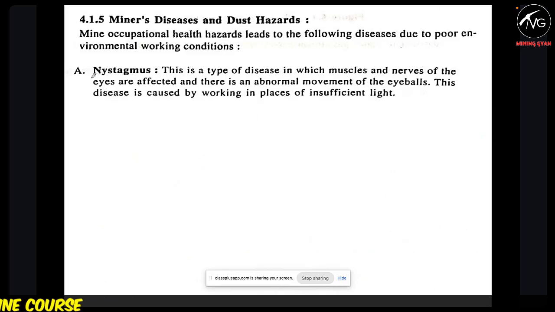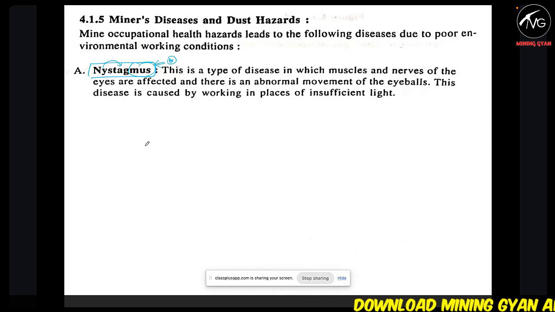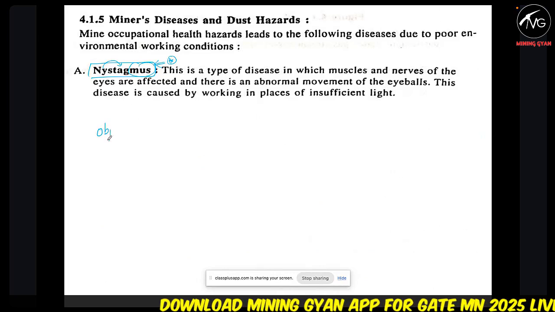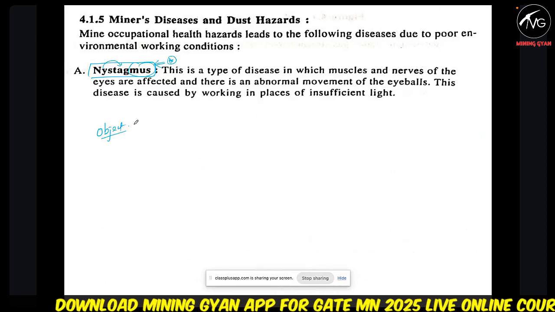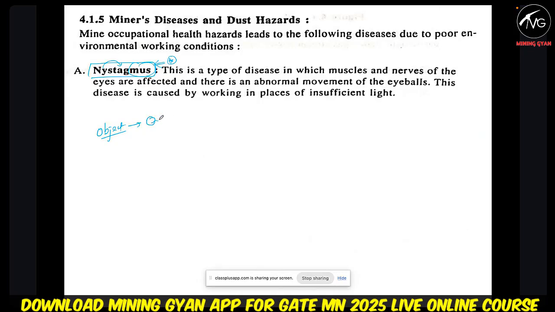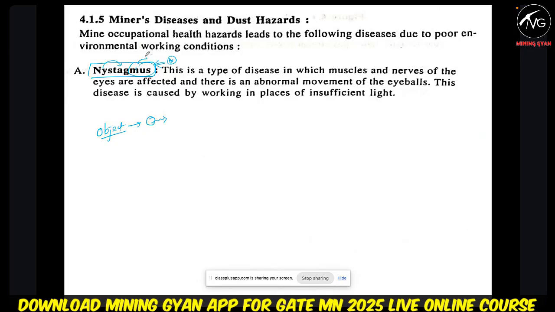nystagmus. If I am pronouncing it wrong, correct yourself. Nystagmus. और देखो, paper will be objective. So sometimes if you can't remember the exact name, you can remember it with any awkward name, जिससे आपको कैसे भी करके इस नाम को याद रखना, नस्टागमस.